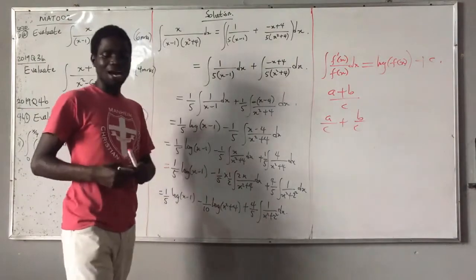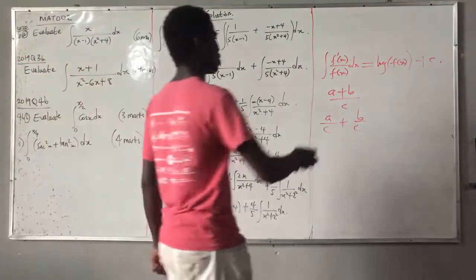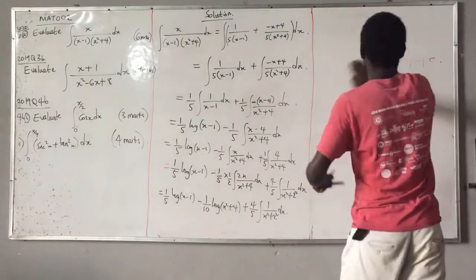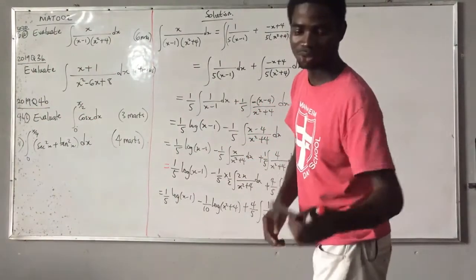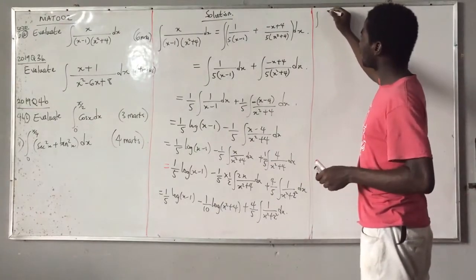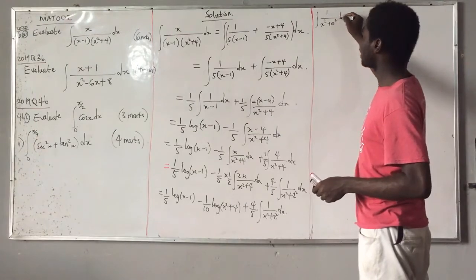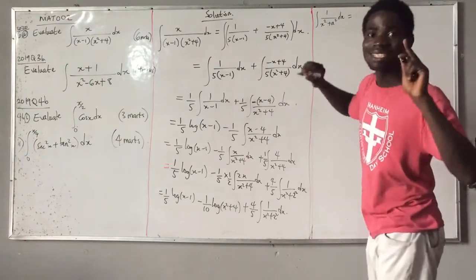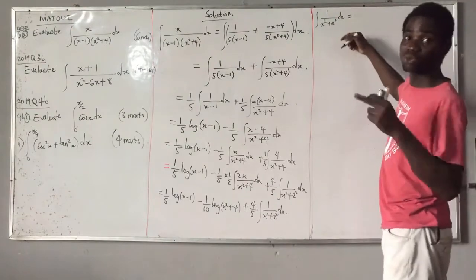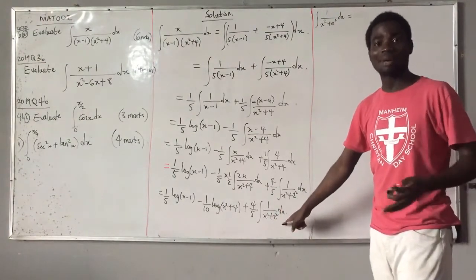Yes, so now I'm going to recall another standard integral for you, which I'm going to apply to solve this one. You need to know something here, especially if you don't know before. If you have integral of 1 over x squared plus a squared ds, whenever you have x squared plus a squared, so in reality I have 1 over x squared plus 2 squared, that means my a is 2.